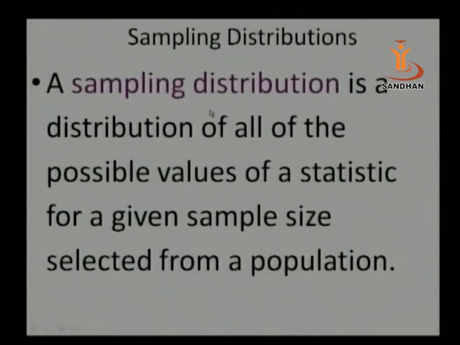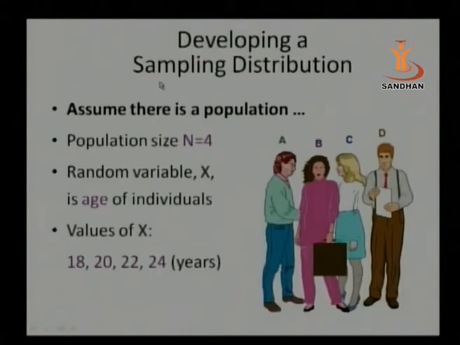Now again, a most important property: a sampling distribution is a distribution of all the possible values of a statistic for a given sample size selected from a population. Let us develop a sampling distribution now. For a sampling distribution, assume there is a population.